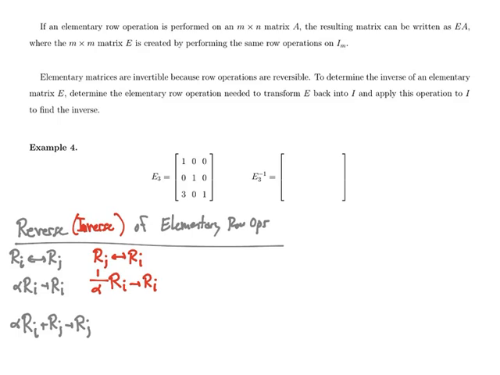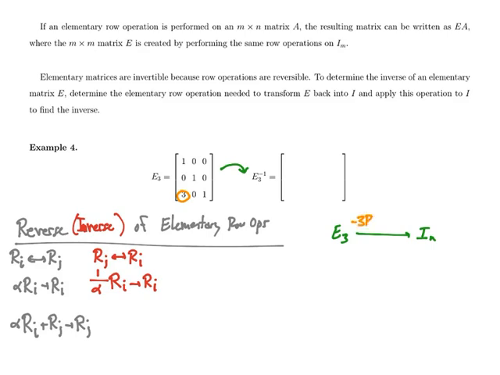Since this corresponds to the example right here, let's try to find out what that operation will be. We're trying to find some operation that will get us from E3 to the identity matrix. In that case, what we need to do is get rid of that 3 in the bottom left corner.